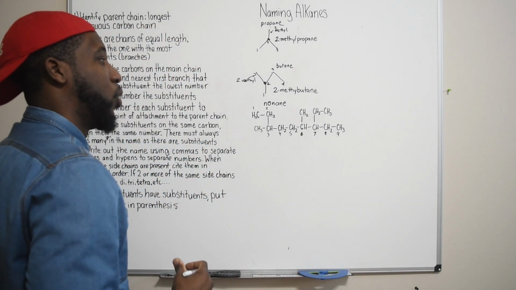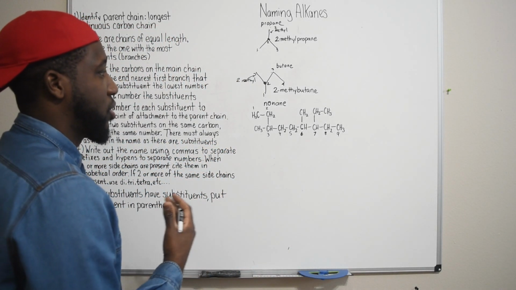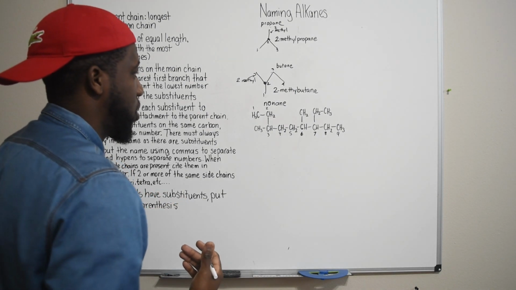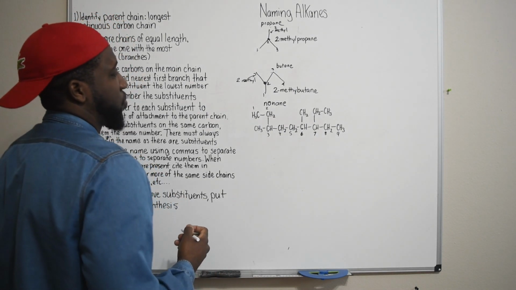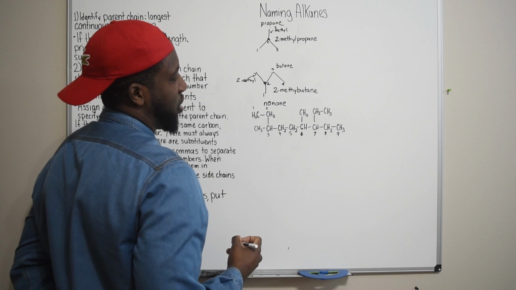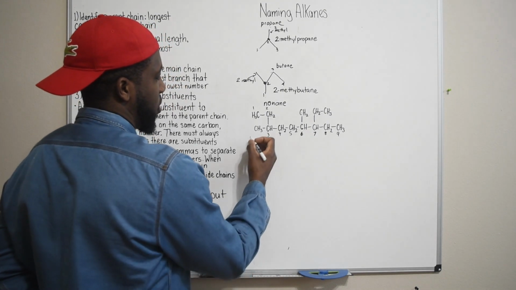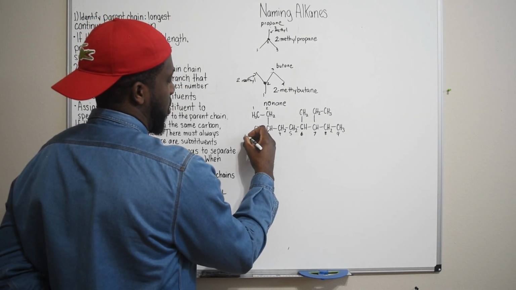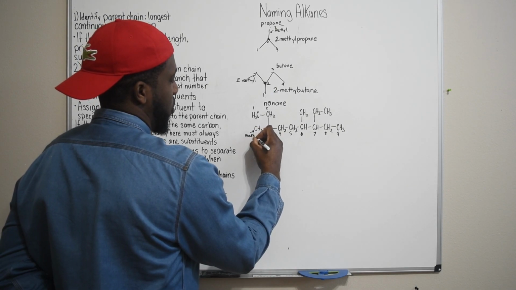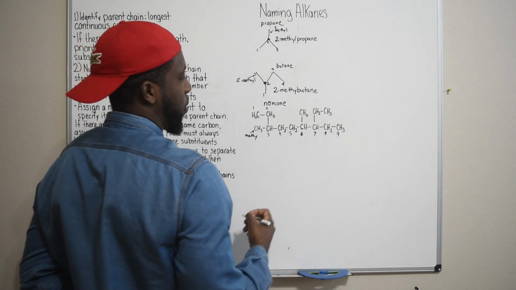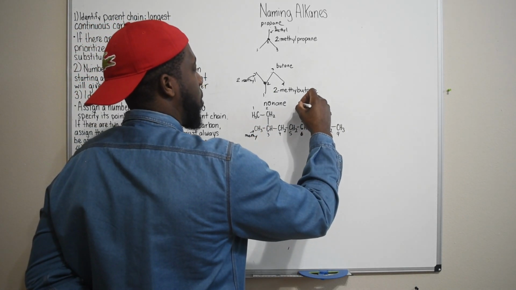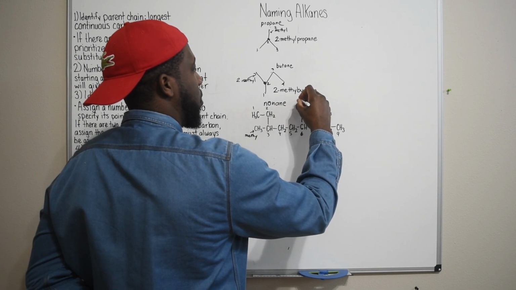We're going to play with it a little bit because it can go another way as well. Let's see what all the branches are. This is a branch right here. This is methyl. We have a methyl on carbon 3 and a methyl on carbon 6.